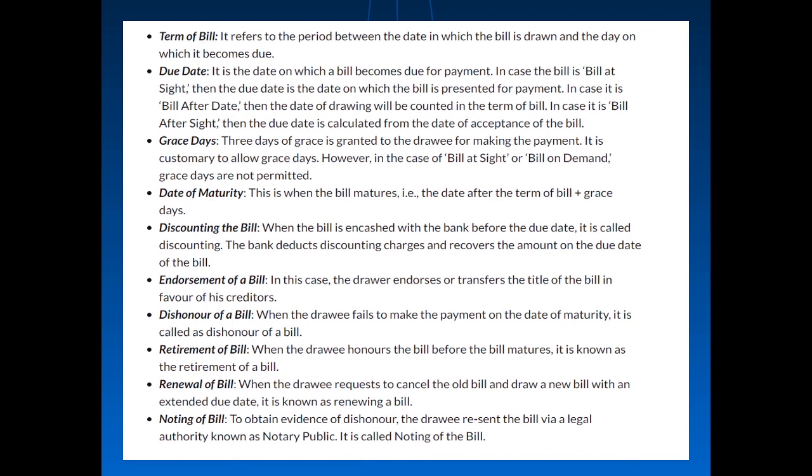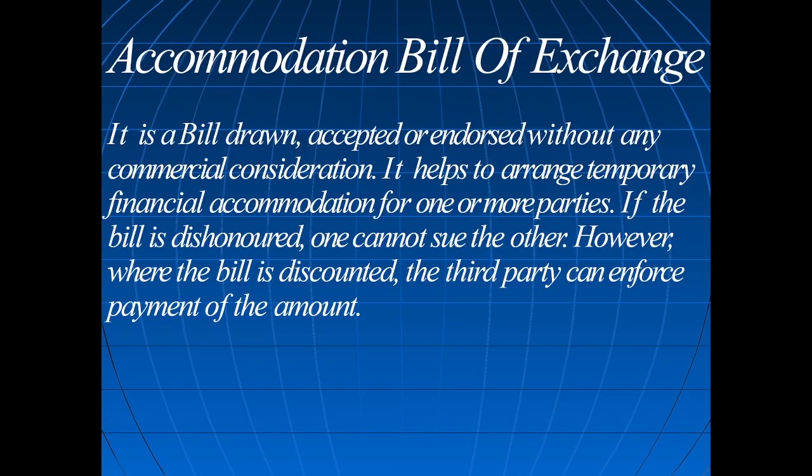For bills of exchange, the base is the sale of goods. For the existence of a bill, the source may be the sale of goods. And the last one is accommodation of the bill. There is no sale of goods, just an understanding between the two parties.